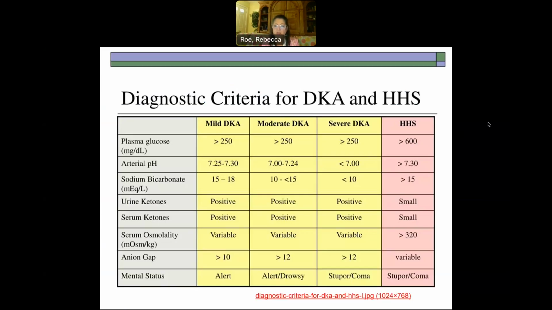You're going to see that there's no ketone spillage. The osmolality is higher, greater than 320, because of this severe dehydration. And your anion gap is variable, and your mental status can go from stupor to coma. So it is very similar to severe DKA, but has a striking difference in the fact that you don't have the ketone spillage.